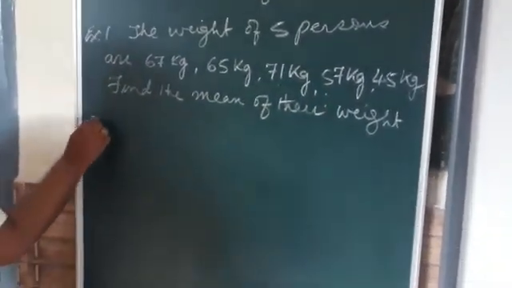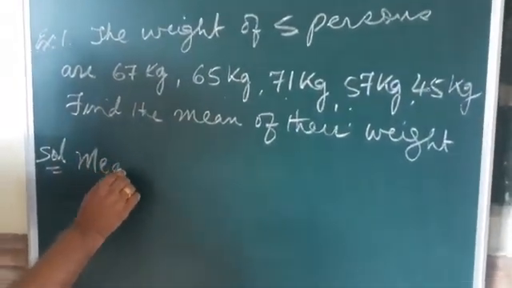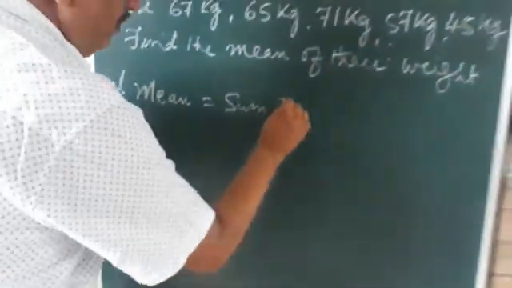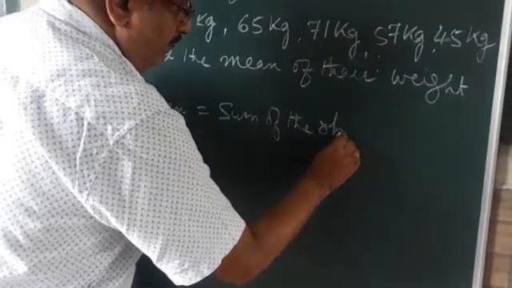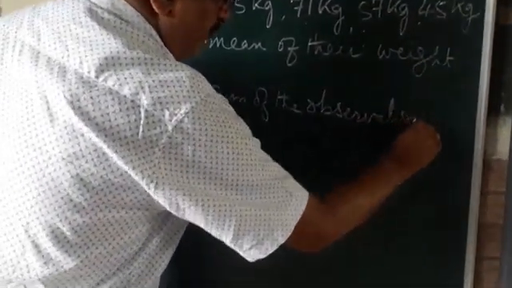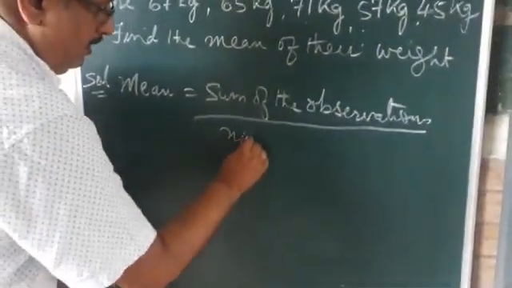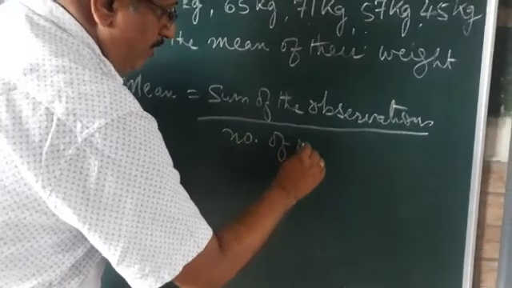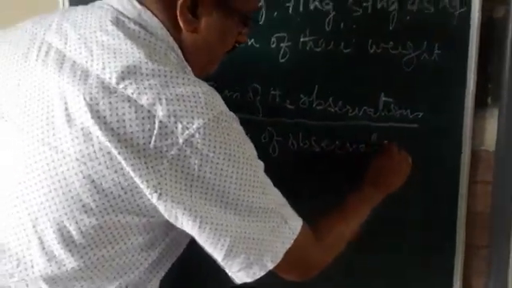So you know that mean is equal to the sum of the observations divided by the number of observations. Correct?